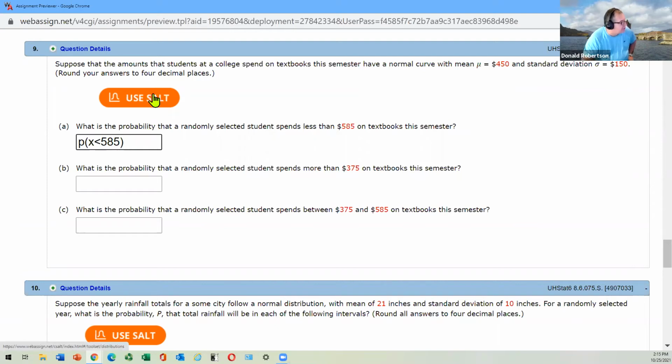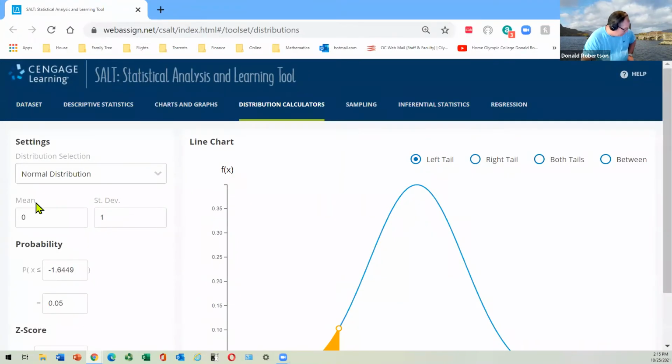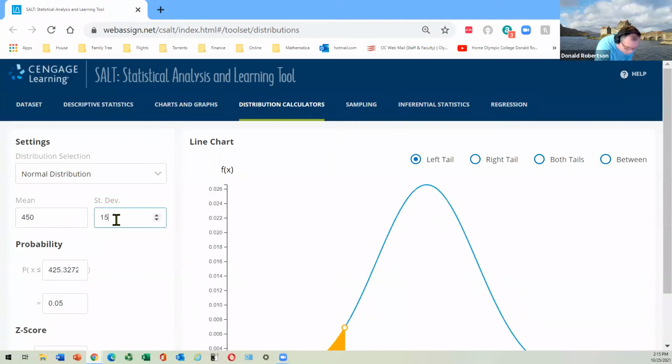I'll hit the calculator. And we'll calculate that probability pretty quickly. The mean of these textbooks is $450. The standard deviation was 150. Quite a lot of variation in the price. And we want to know less than 585.